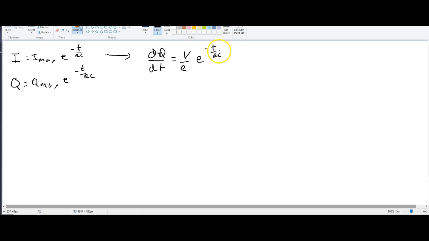Now, that's beautiful. Differential equation, dq, integral over here. I'm going to pull the V over R out because I'm lazy. Integral e to the negative t over RC dt. Now, unfortunately, that is not just a t. It is a big mess, so I've got to set u equal to negative t over RC.